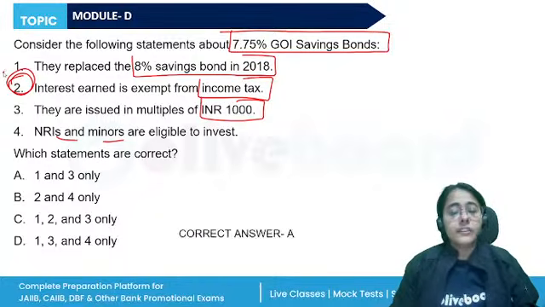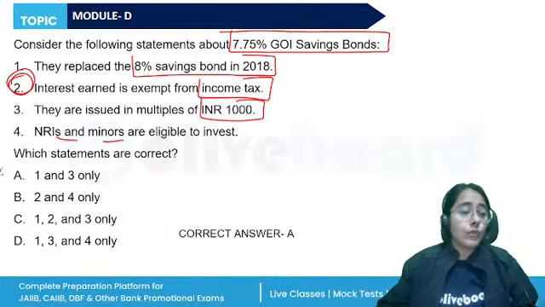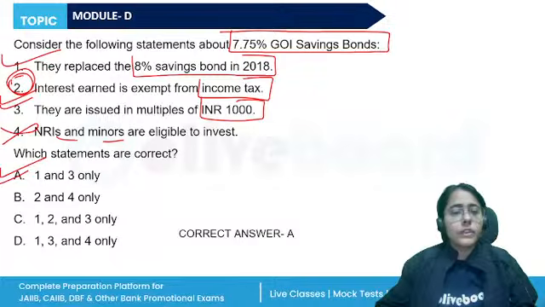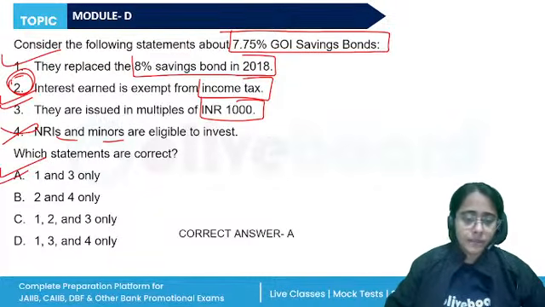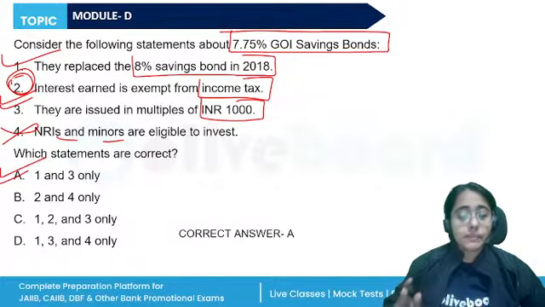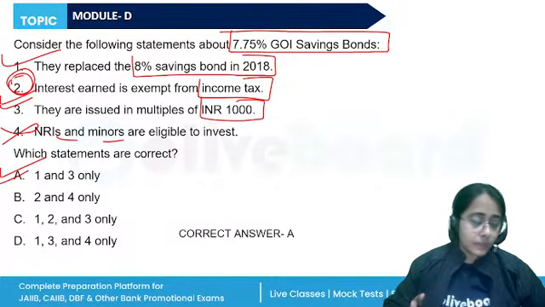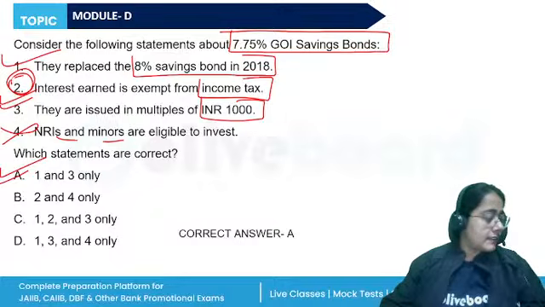Yes, the correct answer should be A, 1 and 3 only. NRIs and minors are not eligible, and they replaced the 8% savings bond in 2018, and they can be issued in multiples of rupees 1000. So who all are not eligible? NRIs, minors, HUFs are not eligible. So the correct answer is A.